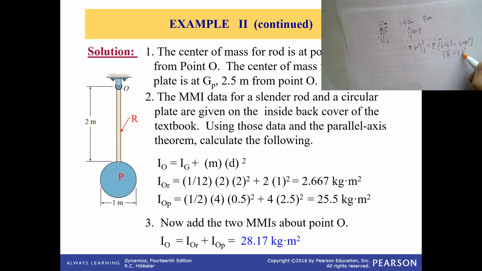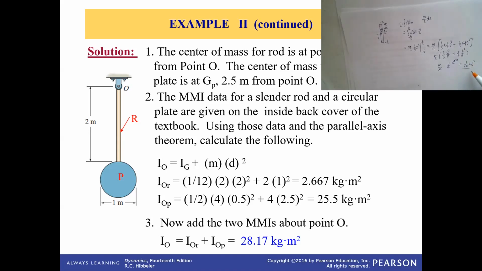Again, L cubed over 8, and then multiply by m divided by L. Now this is 24, so 1/24 plus 1/24 gives you 1/12. So m over L times 1/12 L cubed, and that cancels out with the L, leaving L squared. So it's 1/12 mL squared.